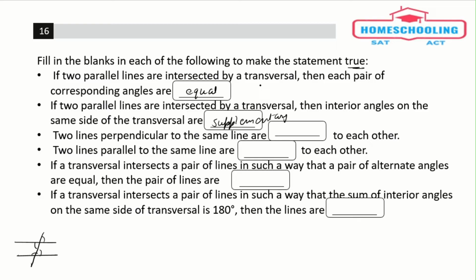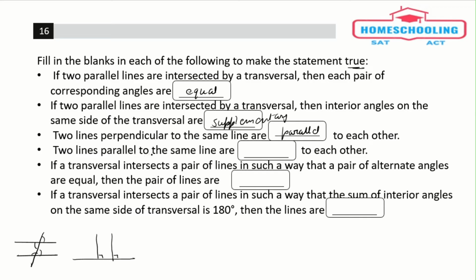Now moving to the next statement, two lines perpendicular to the same line. If this is a line and two lines are perpendicular to the same line, then these two lines would be parallel to each other.